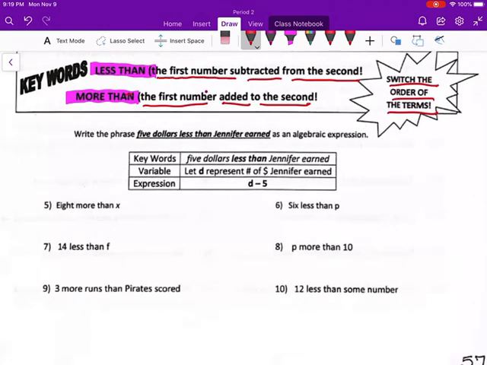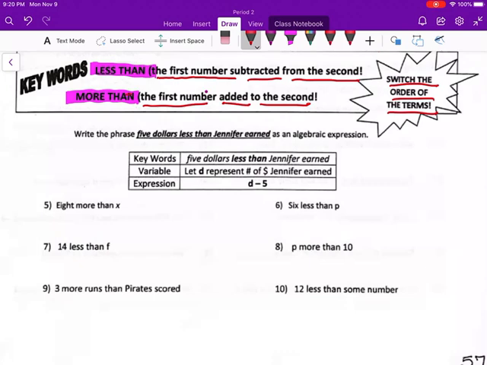It says, write the phrase $5 less than Jennifer earned as an algebraic expression. So we're looking for the phrase that represents $5 less than Jennifer earned. You first need to know how much she earned. We don't know. But from that amount, we are going to take away 5.